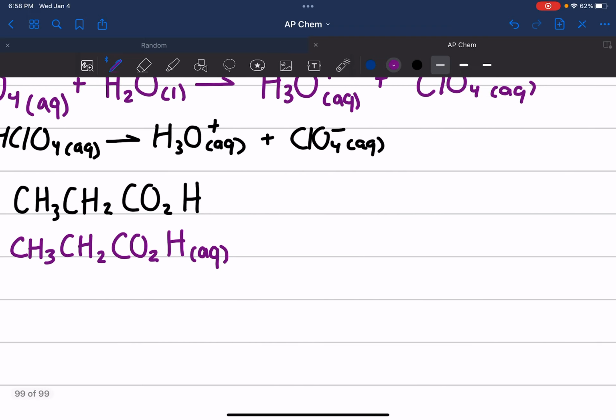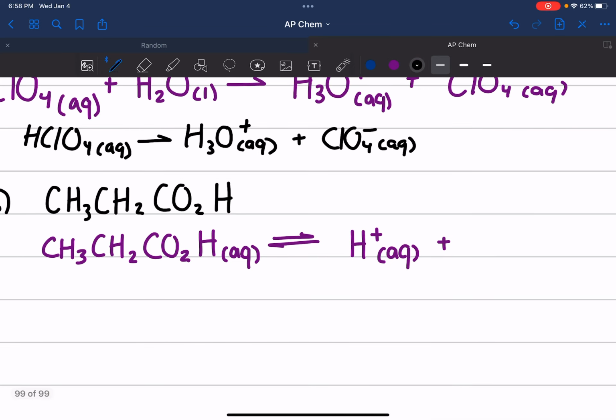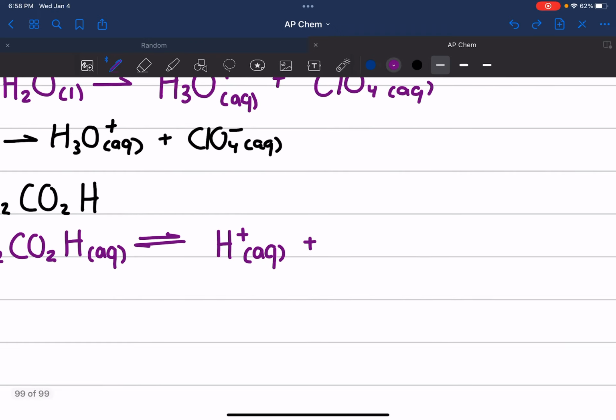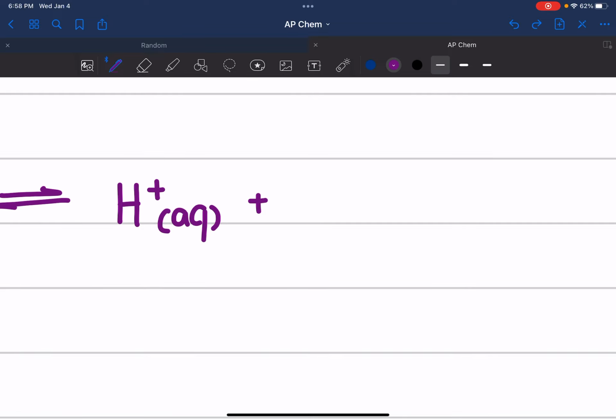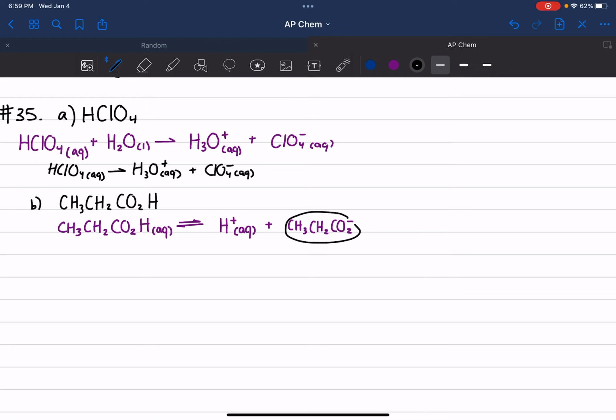I'm going to put the forward and backward reaction, and it's going to give me my acidic proton, and that's going to give me CH3, CH2, CO2 minus. So we can see our conjugate base here.